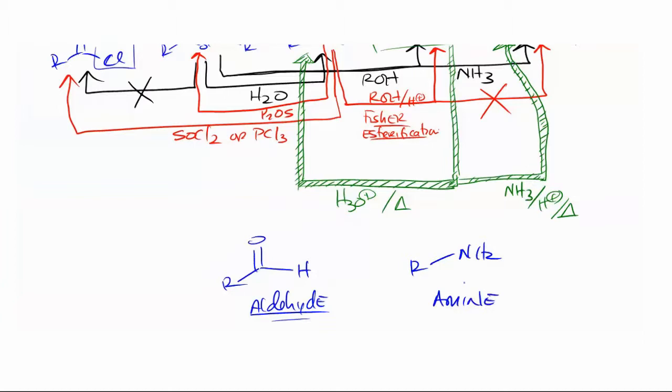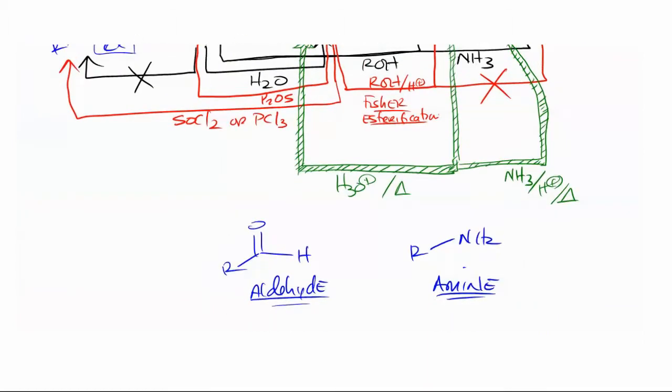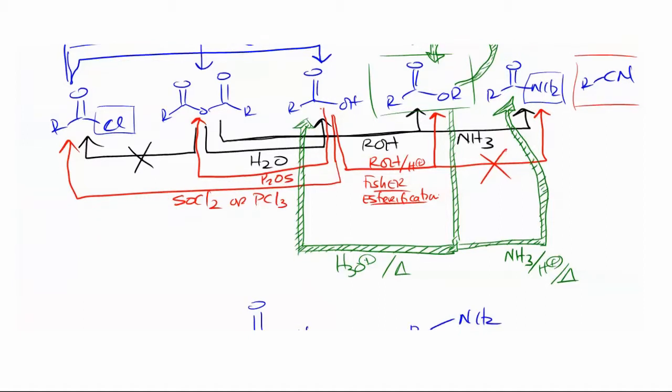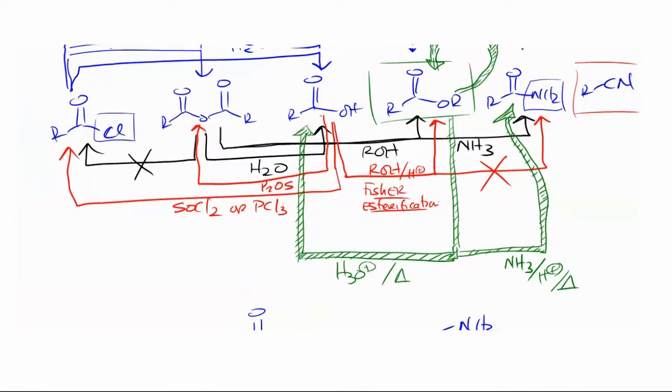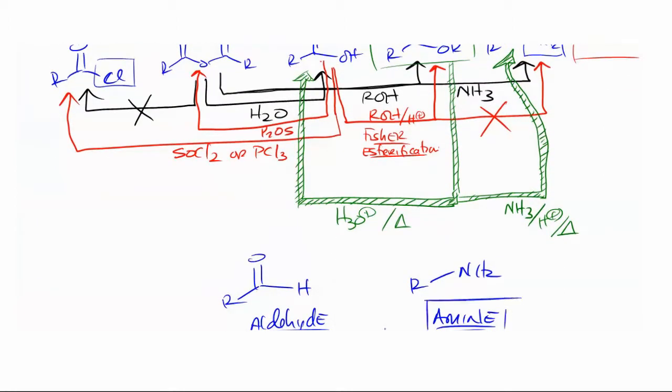From carboxylic acid? From some of these guys here, some kind of an amine. And let's see, what was the other one? Amine. That's amine. Carboxylic acid. So there's a way we can generate an aldehyde or an amine.